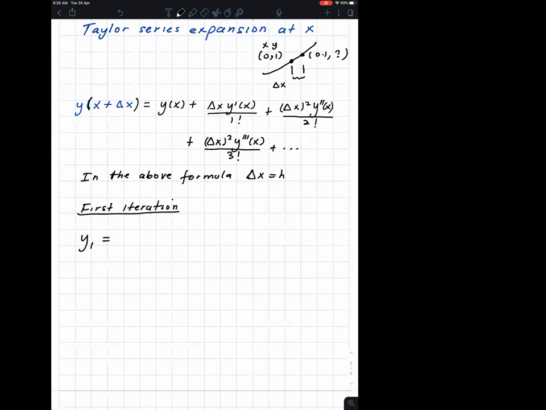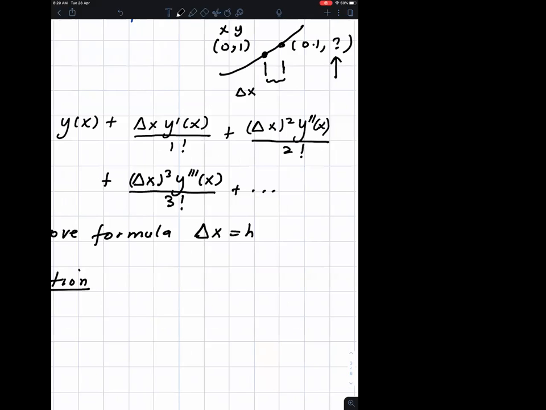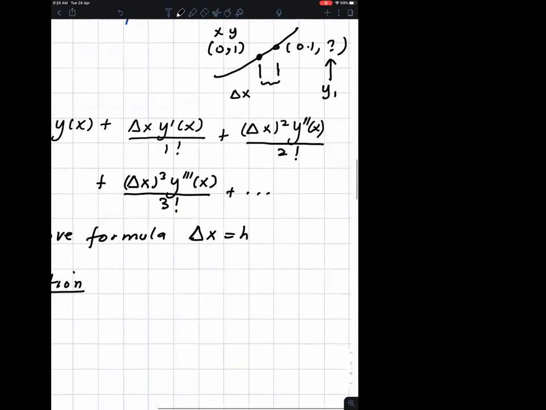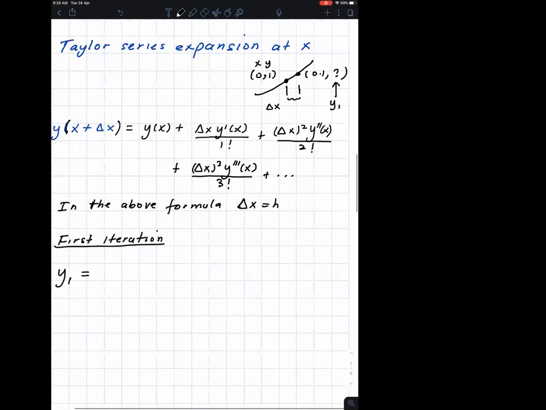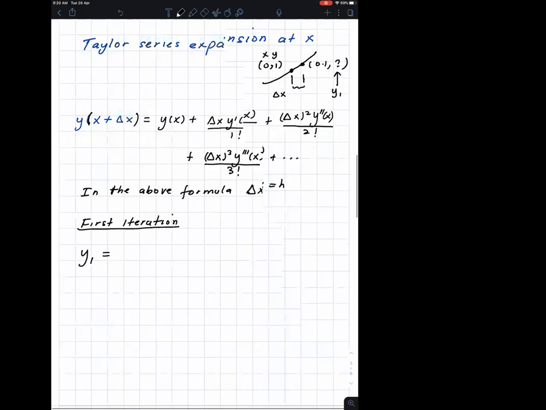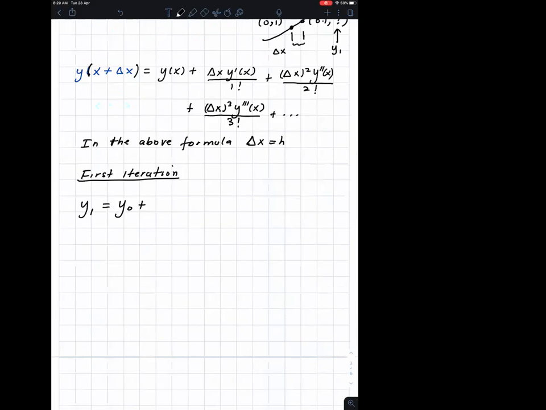So this is your y1: y naught plus delta x. Sometimes delta x also can be called h.